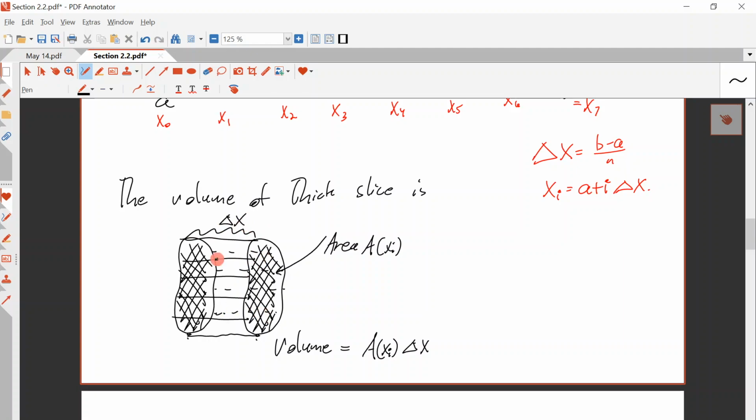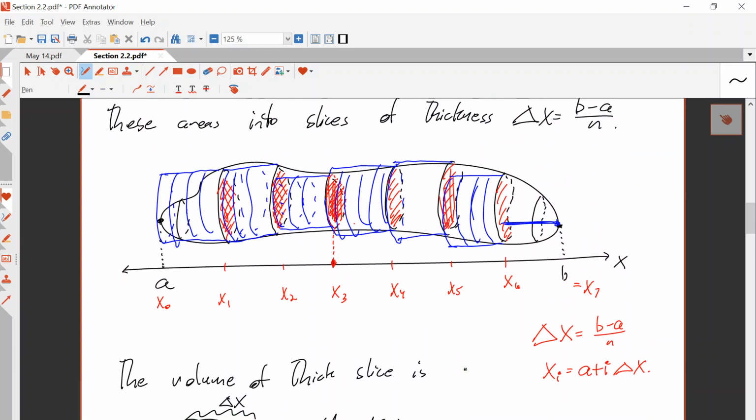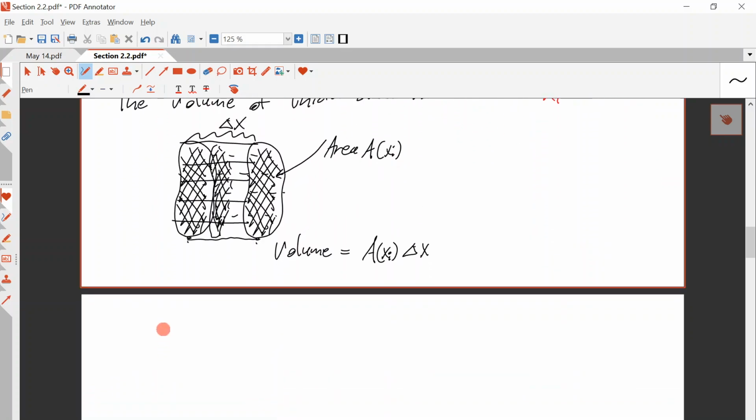That's a standard sort of thing with volumes, right? If you have a two-dimensional object with a certain area, and then you extend it in one direction, then the volume is the area times the thickness. So that's the volume of each one of those thick slices.